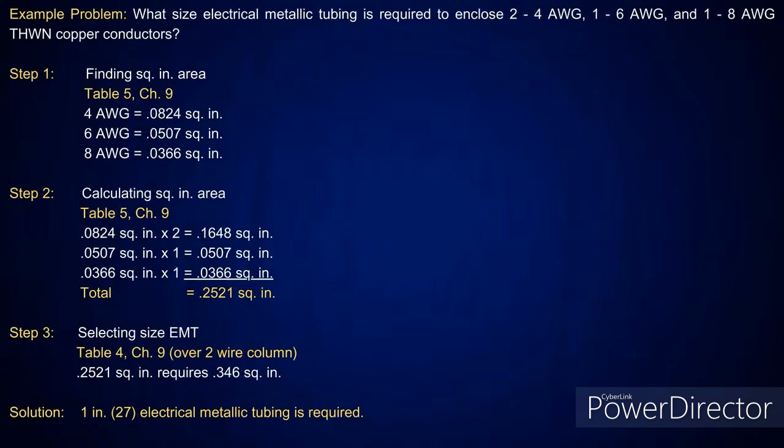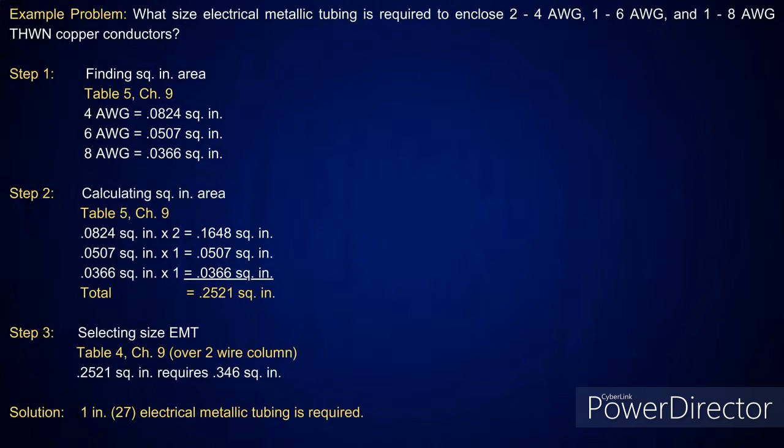Now you come down, we had 2 conductors for the number 4, we had 1 for the number 6, and 1 for the number 8. So I'll take for the number 4, 0.0824 square inches times 2, that's going to give me 0.1648 square inches, and then I just had 1 for each, so I'm just going to bring the values of 0.0507 and 0.0366 square inches on there, and then I'll add that up. That's going to give me 0.2521 square inches.